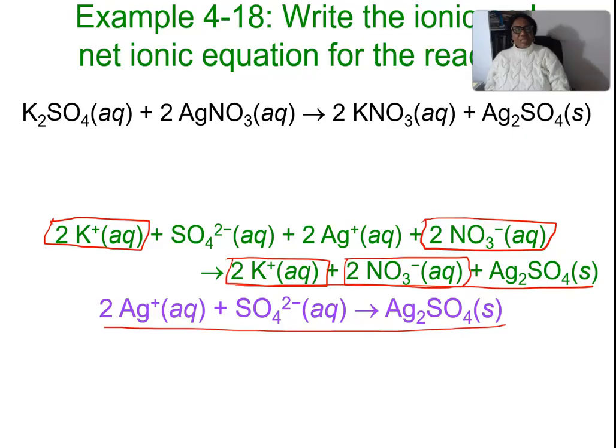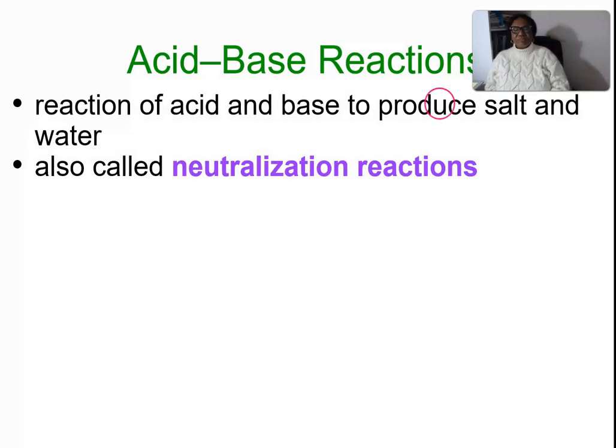So that is it with precipitation reaction. Now we want to look at acid-base reaction. An acid-base reaction is a reaction in which the acid reacts with a base to produce salt and water. Another name for acid-base reaction is neutralization reactions.